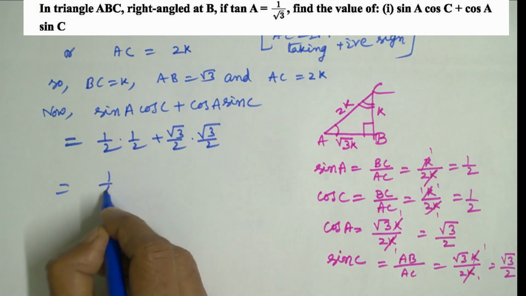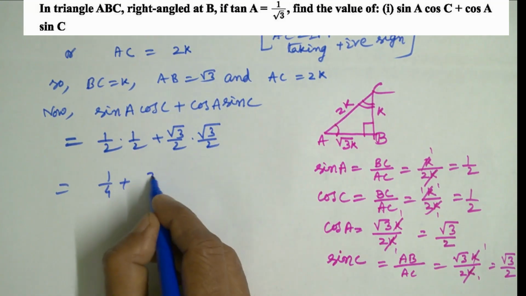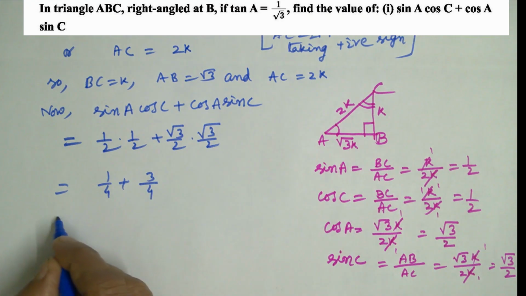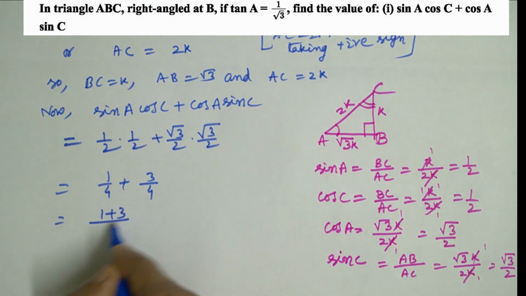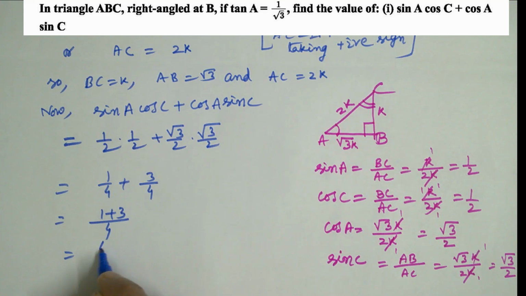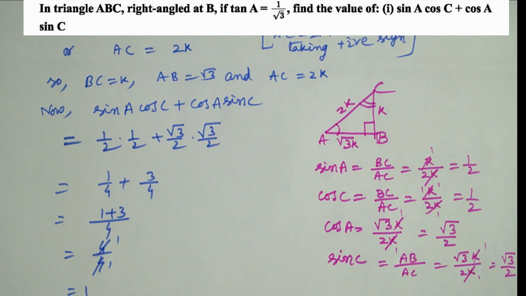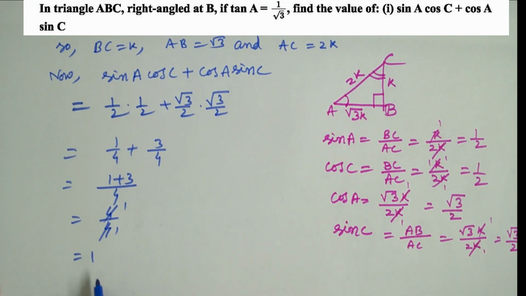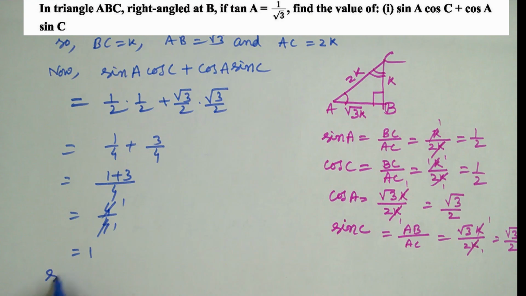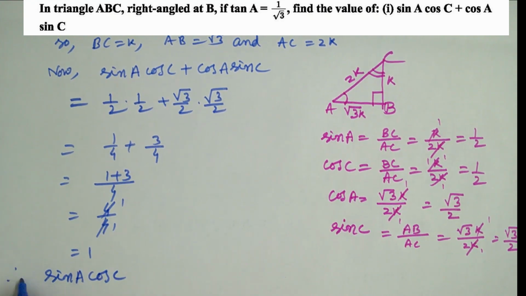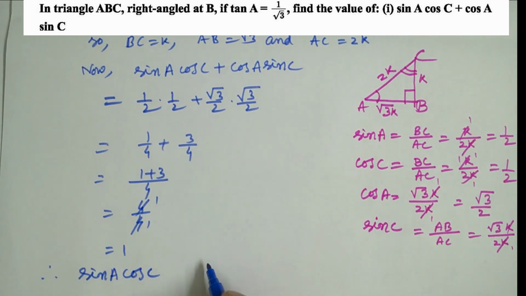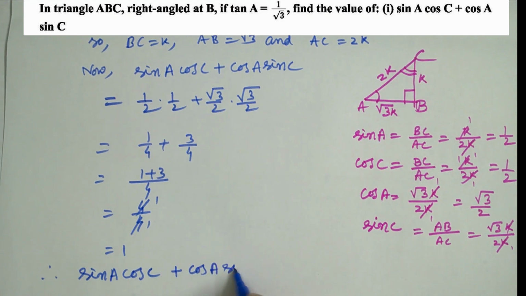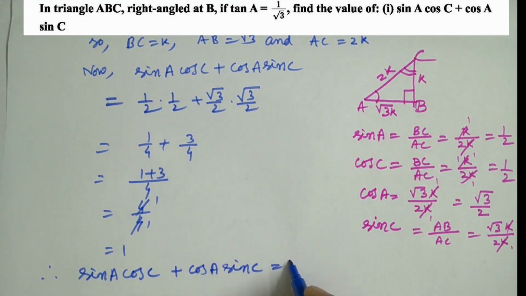So 1 by 4 plus root 3 into root 3, 3, by 4, again 1 plus 3 by 4, that is equal to 4 by 4, gets cancelled. So finally the answer is 1. Therefore the value of the expression sin A cos C plus cos A sin C is equal to 1.